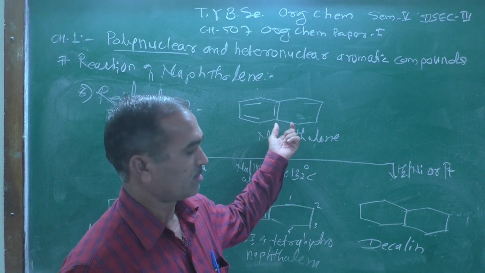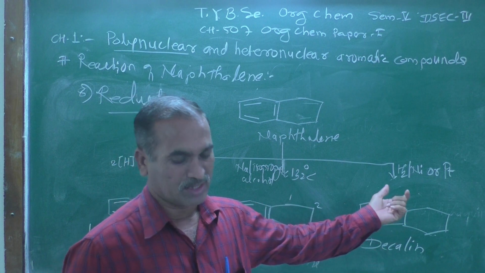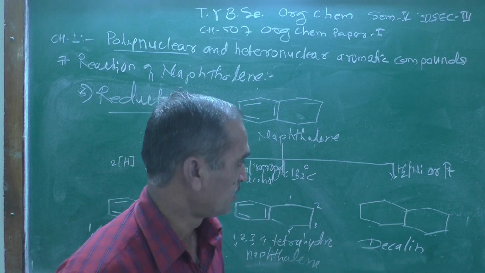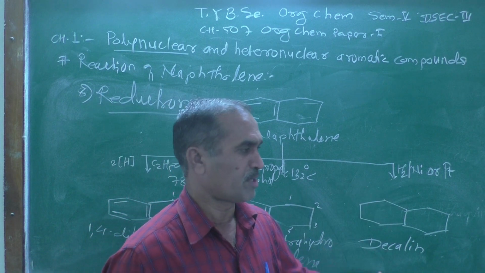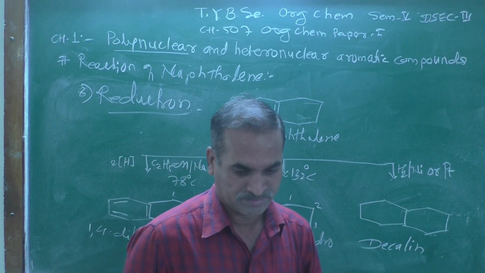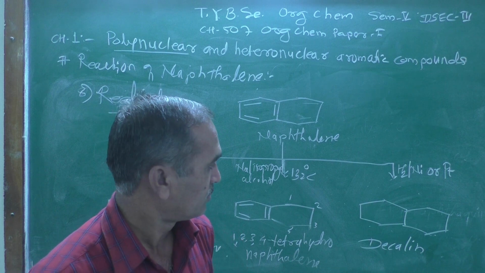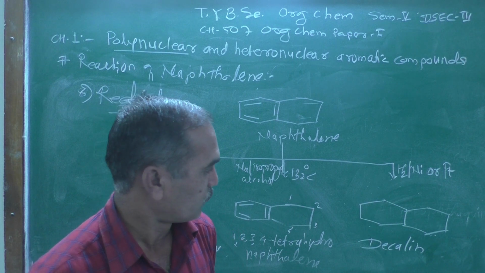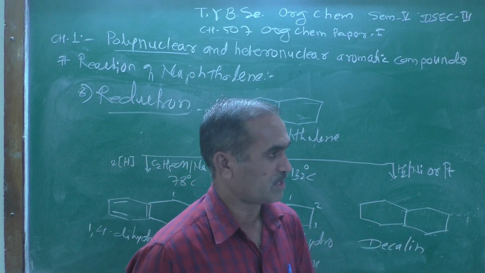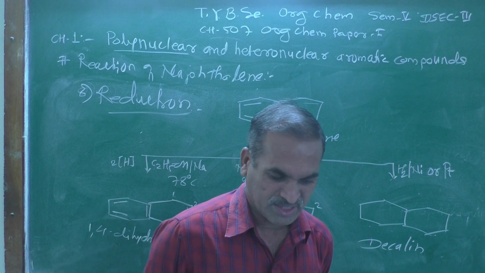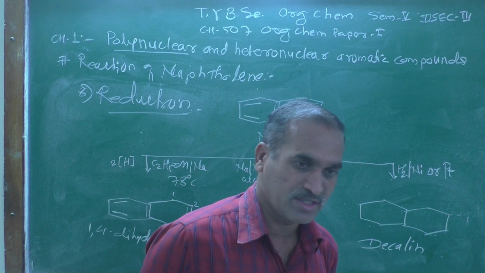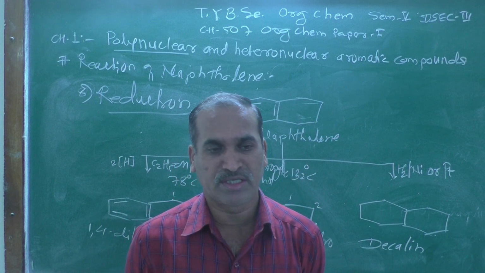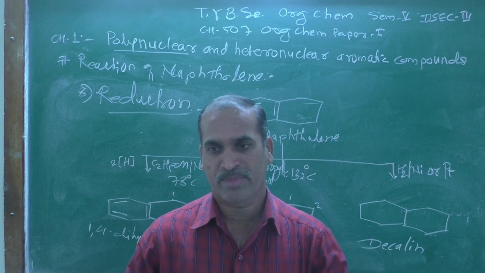So the aromatic compound becomes completely non-aromatic, or we can call it an aliphatic compound. Decalin has two rings fused together. So it is completely saturated.